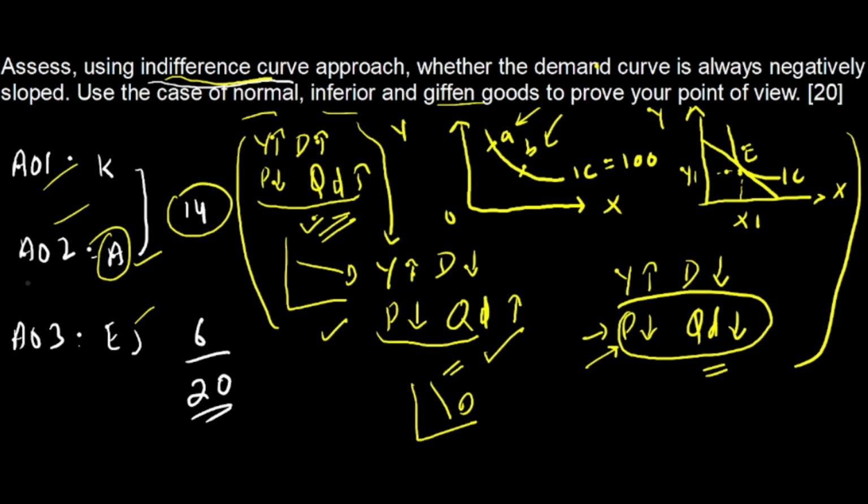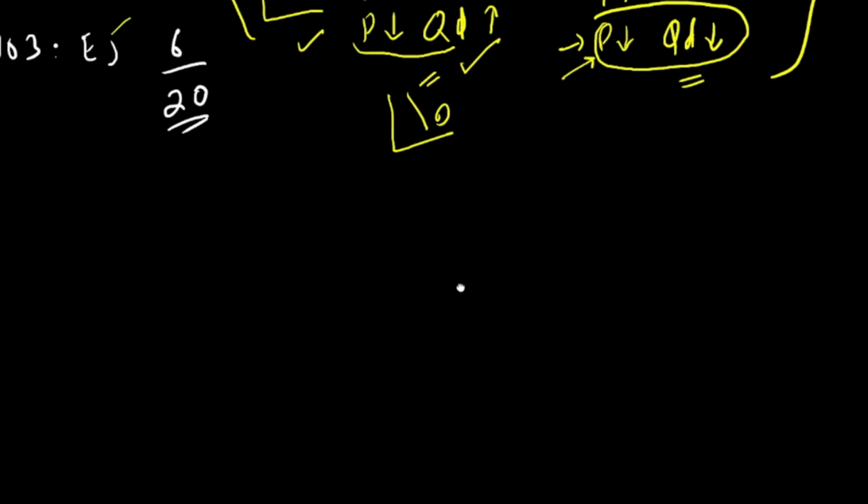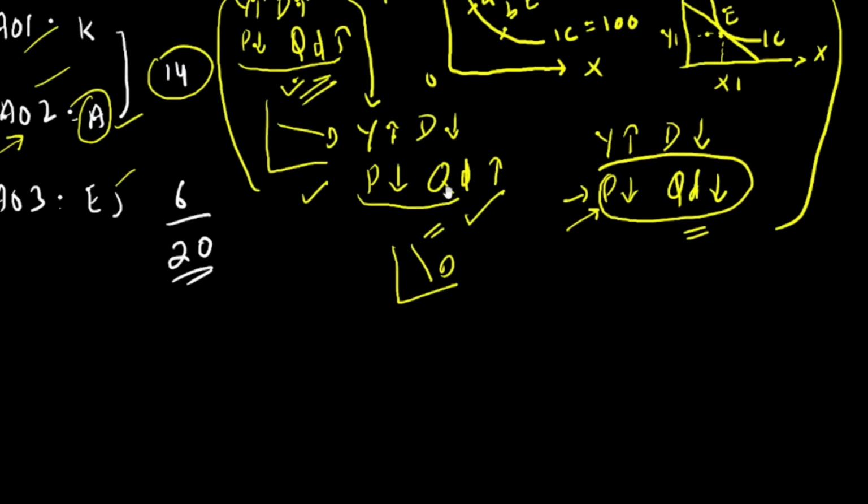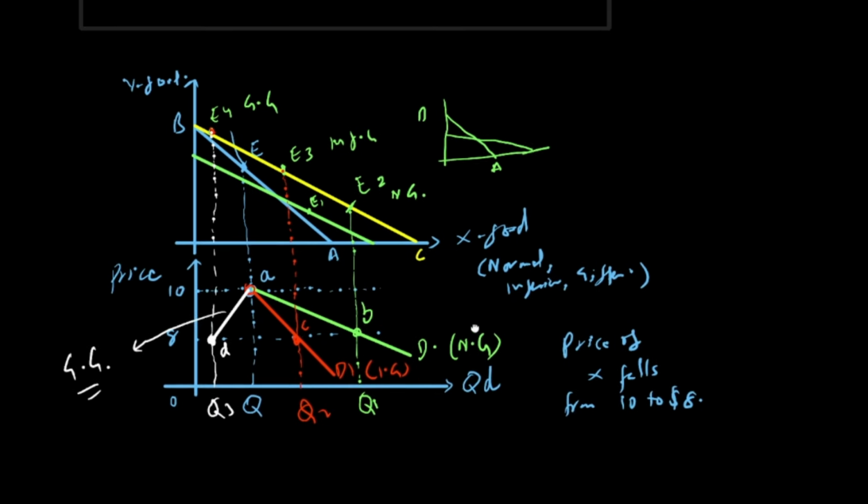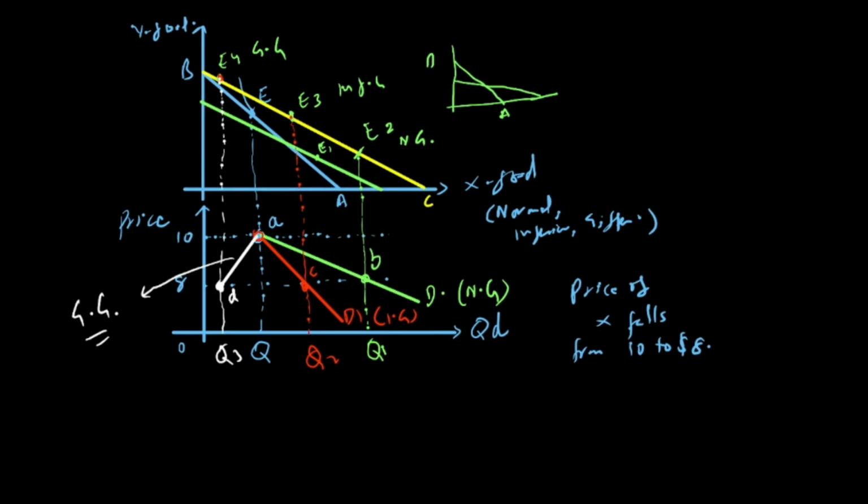Okay, so now we are going to make the graph for assessment objective 2, where we will say that the demand curve is negatively sloped in case of normal and inferior goods, right? So I'm going to make the graph once again, as you can see on the screen right now.